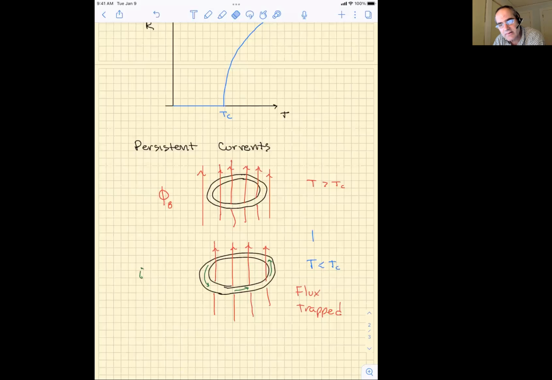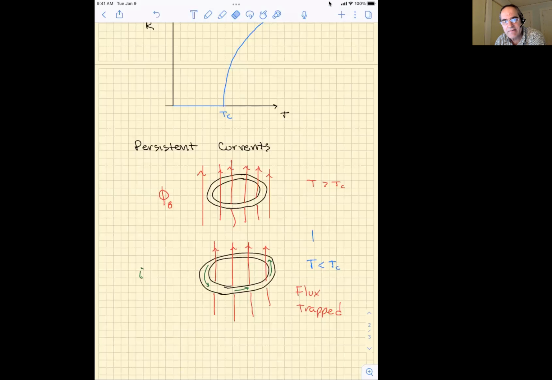But in a superconductor, the current never dies away, and you can measure the magnetic field due to the trapped flux, and monitor it over time. And what you find is that it never decreases with time. Okay? So that's a good indication that the resistance inside of the material is really zero.